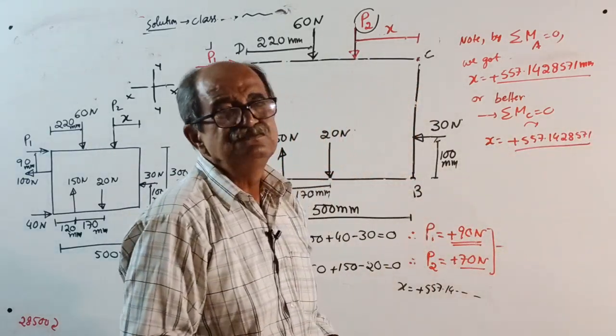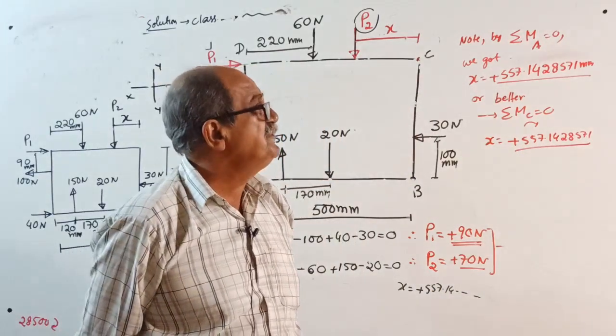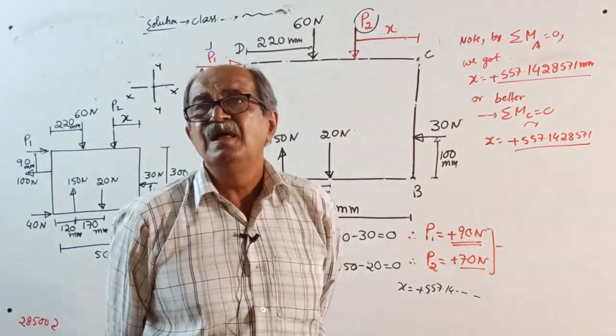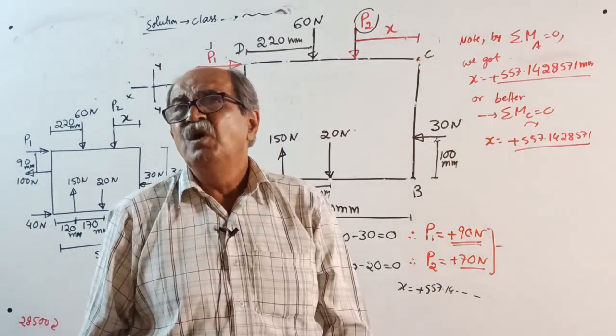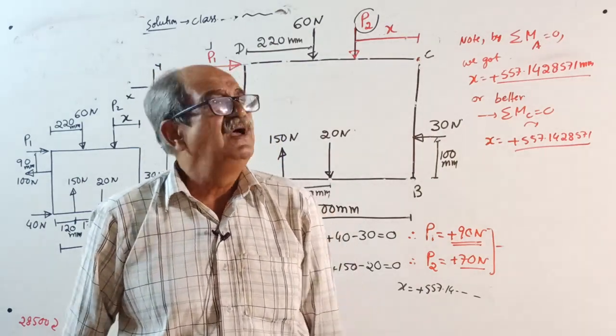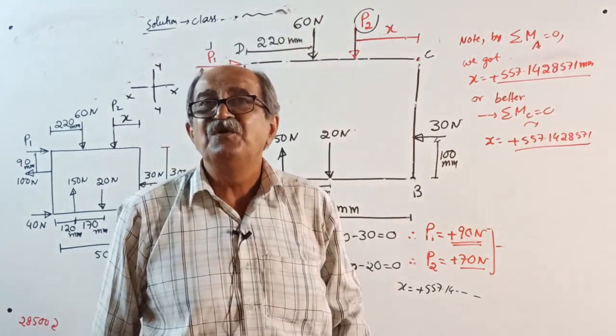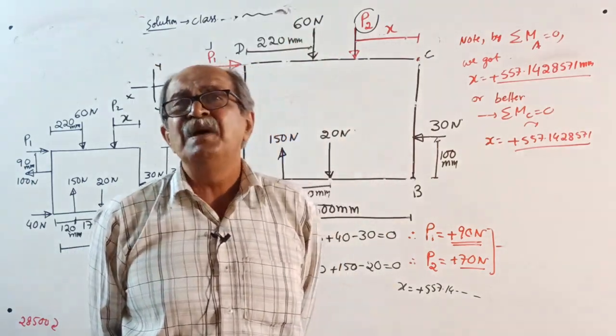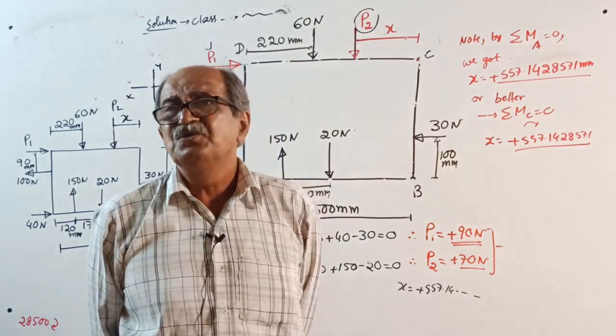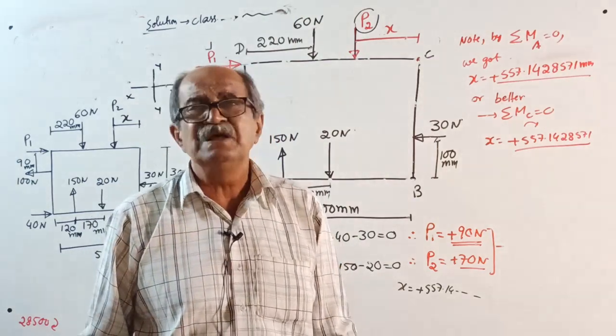Just to check it, because when a system reduces to a couple, the moment about whichever point you consider has no effect on the answer. When you find reactions later for beams, sigma M about any point you can take. So whichever point you take, the answer will come same.